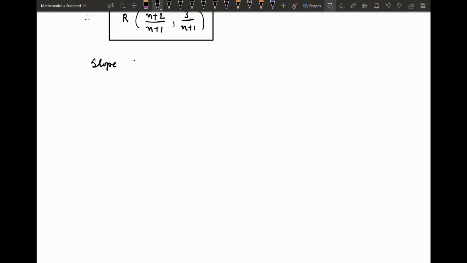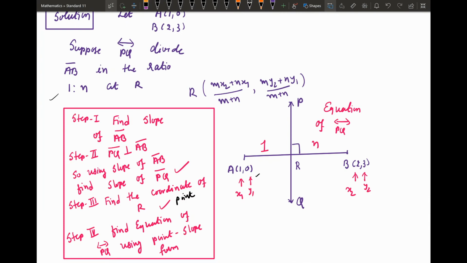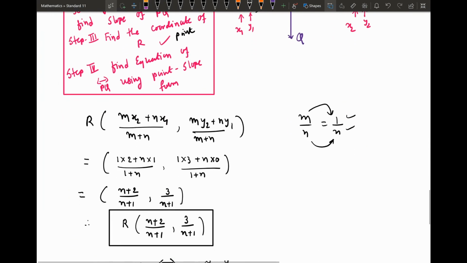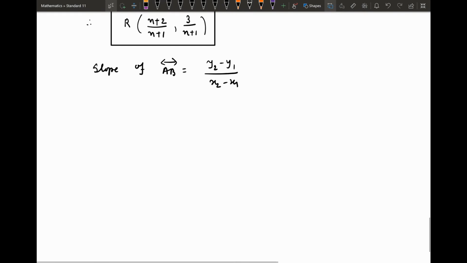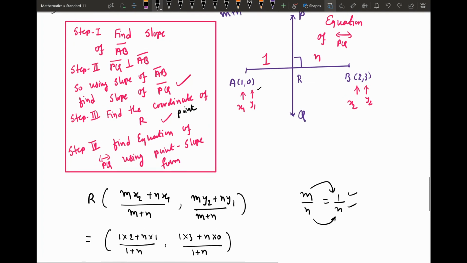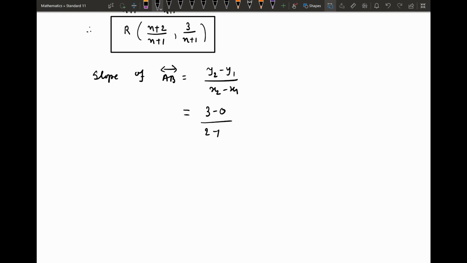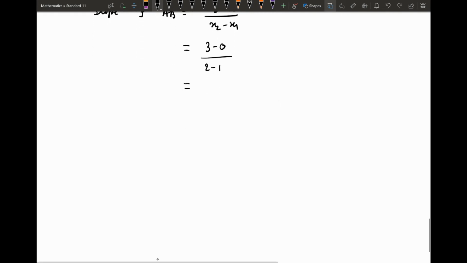Considering coordinates of A as x1, y1, so 3 minus 0 upon 2 minus 1. So slope of AB is 3.